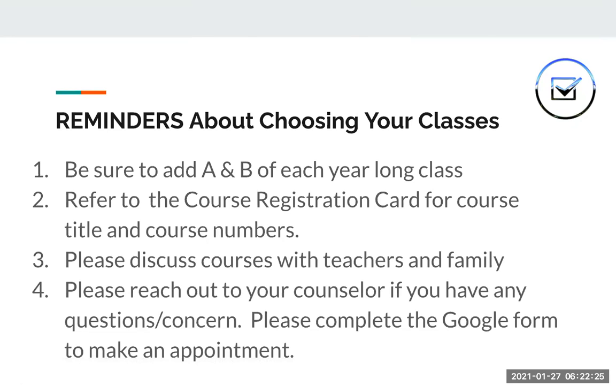Number two, for course titles and course numbers, please refer to the registration card that is linked into our presentation that you previously heard during the registration day at your school. Also, you may locate the registration card and all the course titles and course numbers on our website.